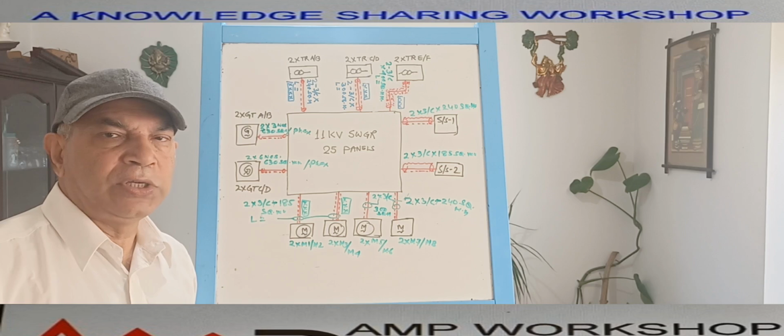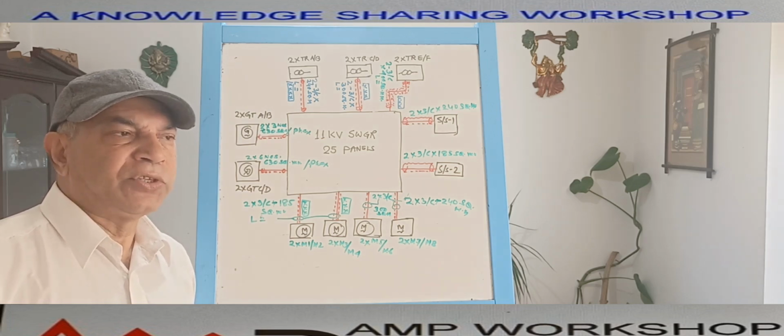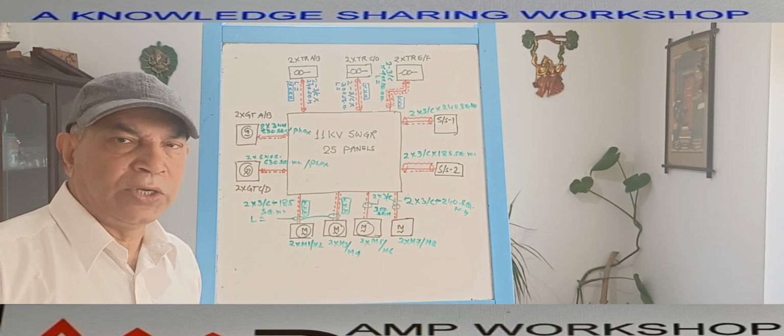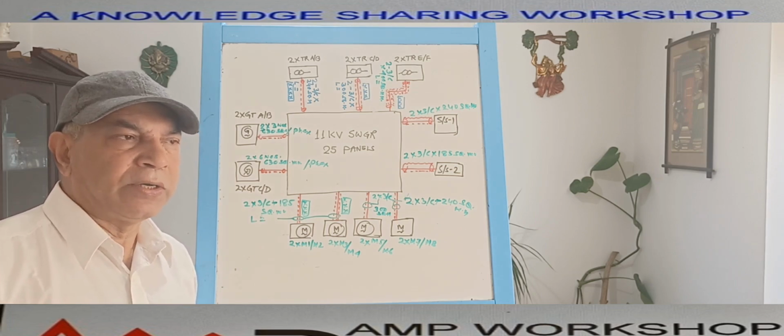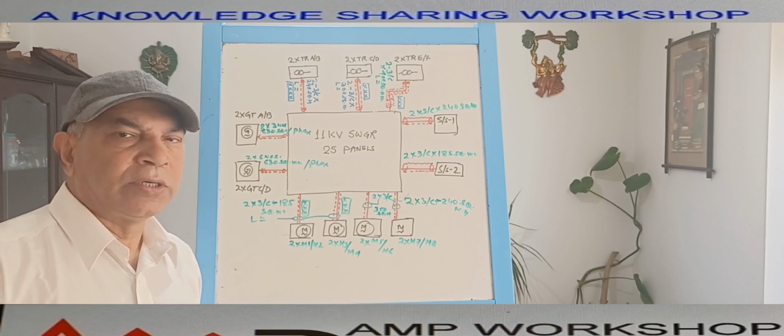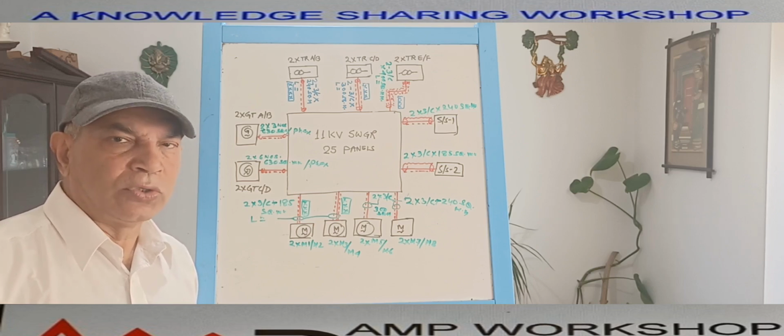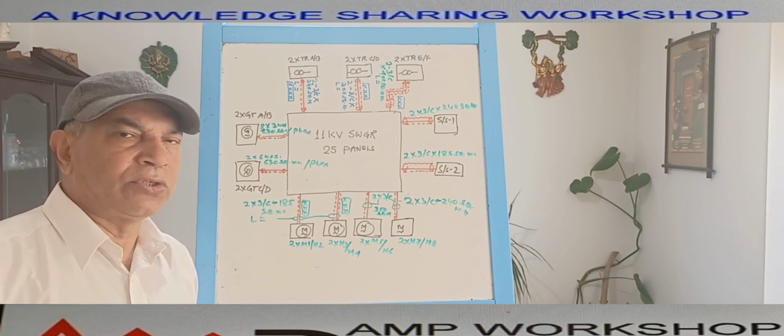The job of a switchgear is to receive the bulk power from the generating source or from the grid, and this bulk power is instantly distributed amongst the various loads or power equipment connected to this switchgear.